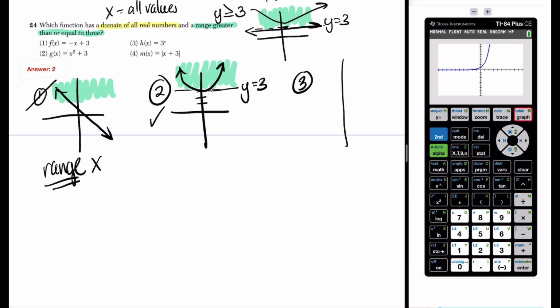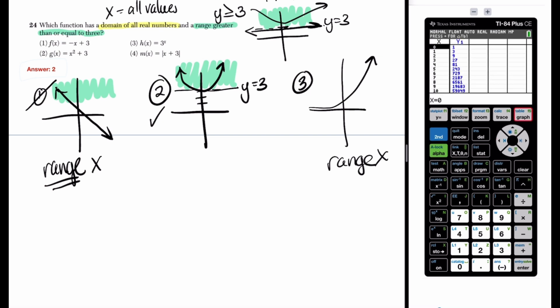And this one goes this way, and even though the domain is fine, notice my range is where it's not working. If you're not sure why, we can look at the table, and you can see that at 0, y is equal to 1, so I know that this doesn't match my range.